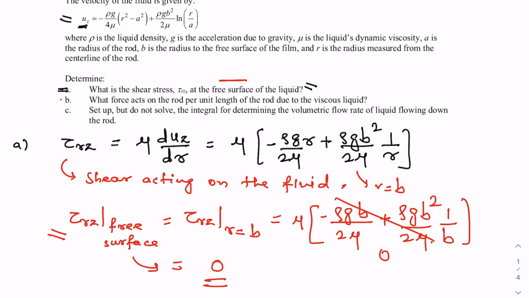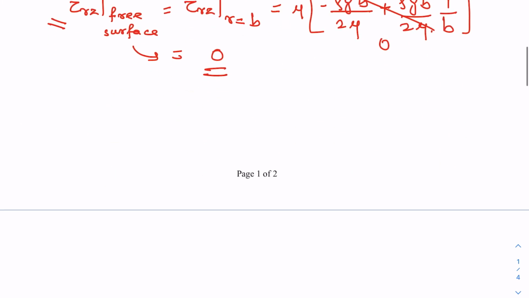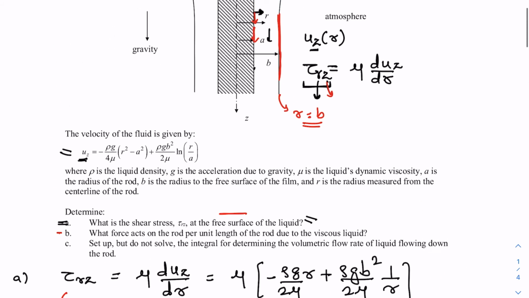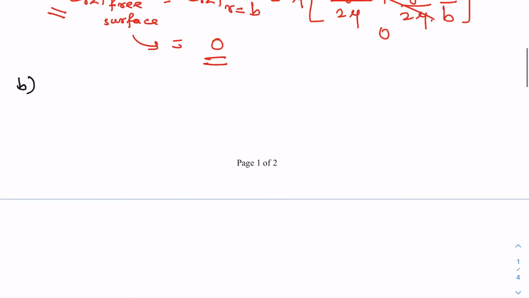Now in part B, we are asked to calculate the force acting on the rod per unit length due to the viscous liquid. For finding the force acting on the rod, we first need to find the shear stress acting at the surface of the rod.